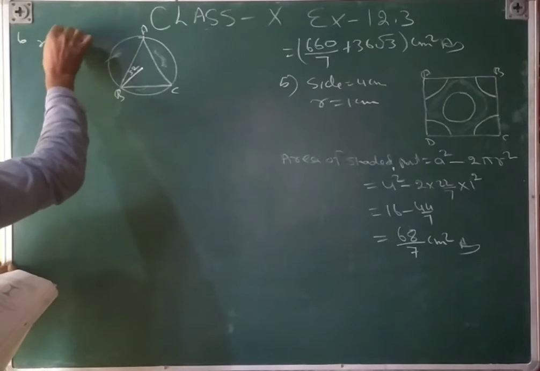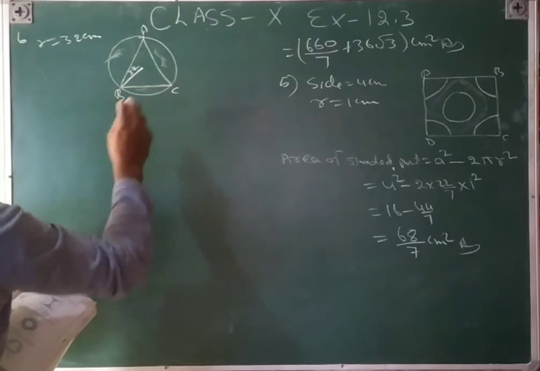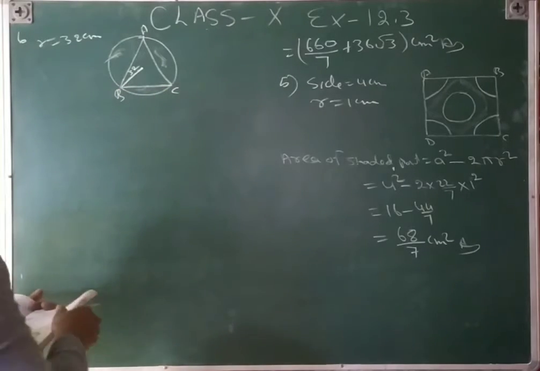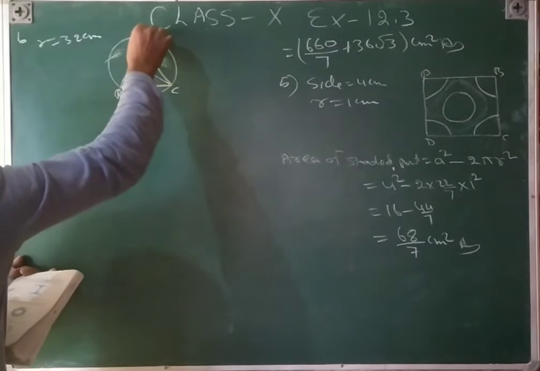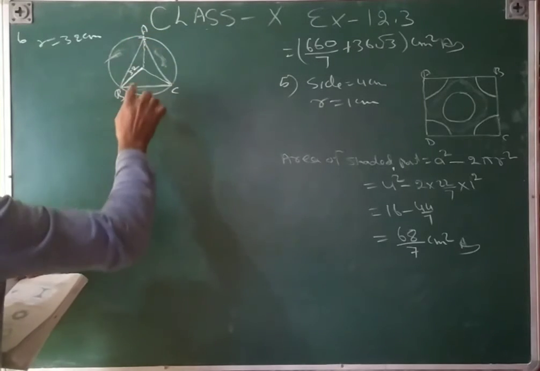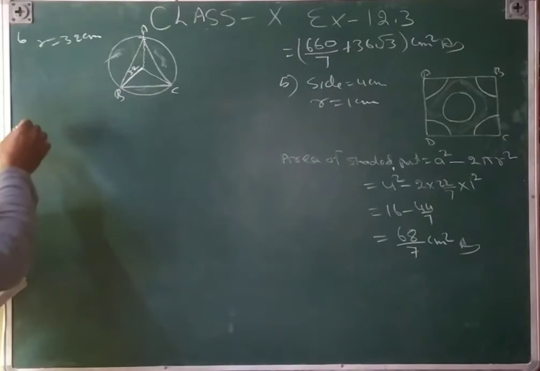So r is equal to 32 centimeter. We also need the side for finding the area of the triangle. So first of all we will do it like this. So these angles will be 120, 120.